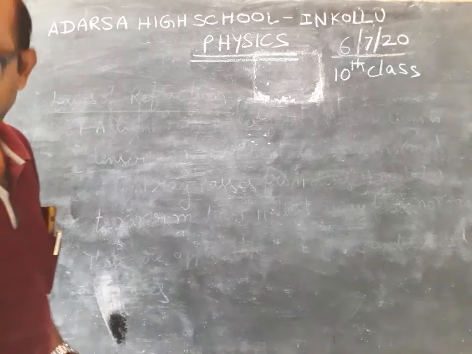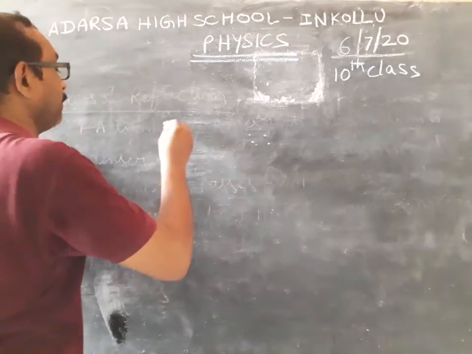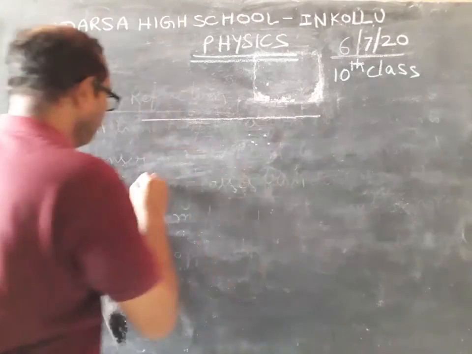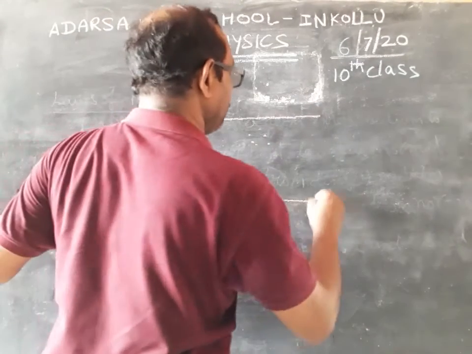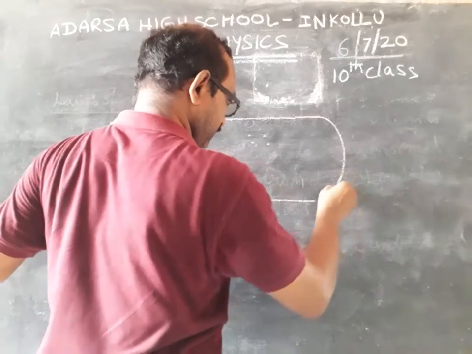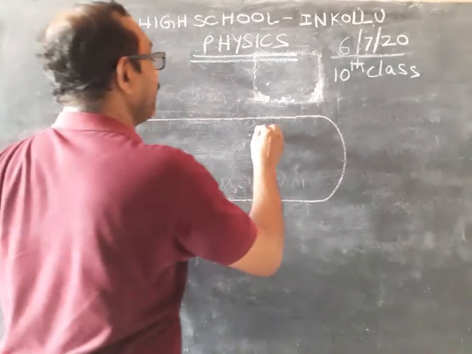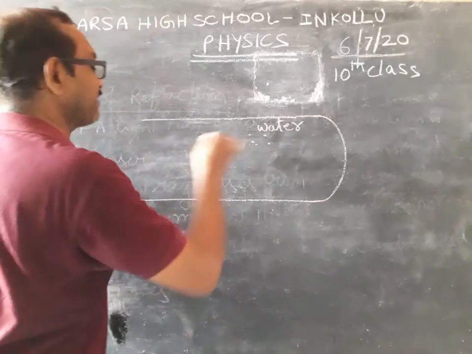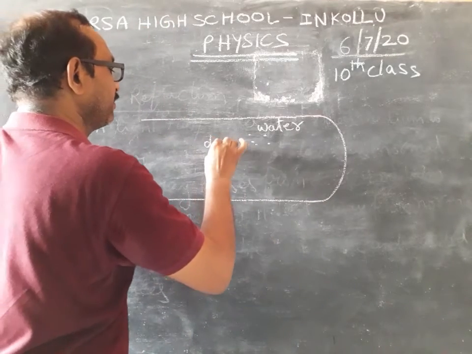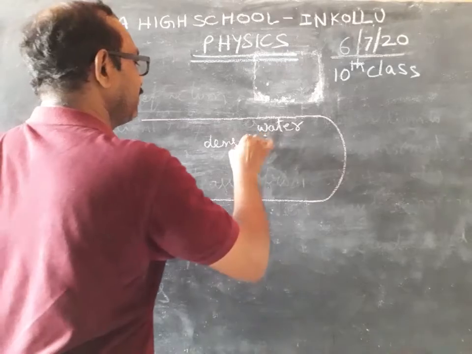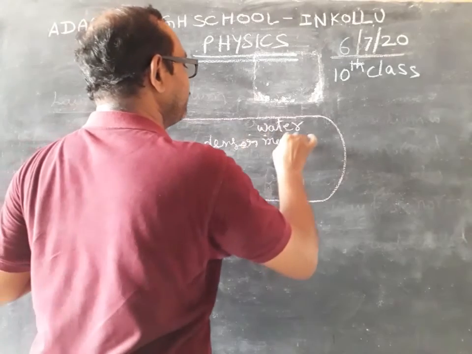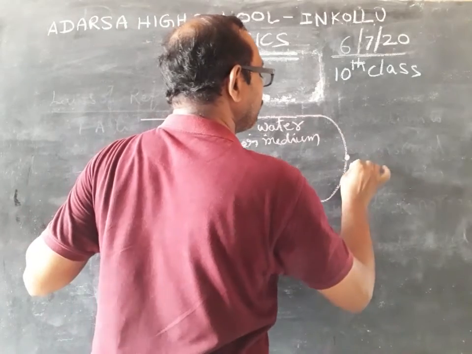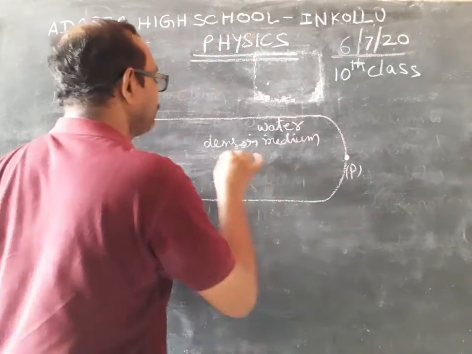Okay, now I am going to draw the diagram. Here what is there? Water. That's why it acts as like a denser medium. What is this one? Pole.